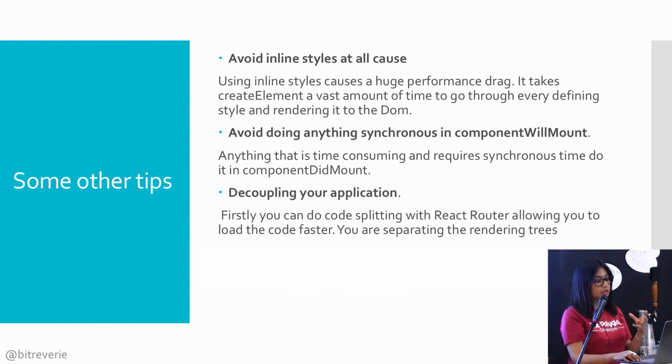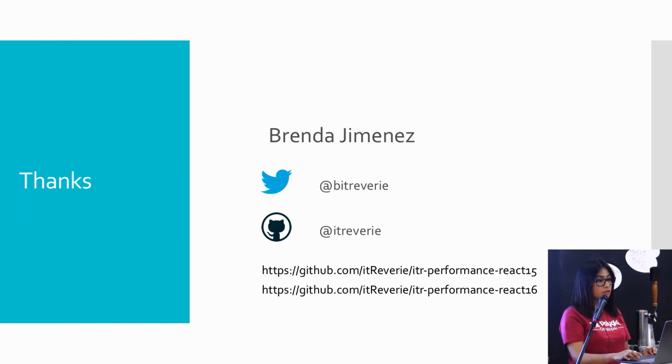If I put it in componentWillMount, it means that I will wait until these coins load, and then I'm going to mount the component. So I better move it to another method, componentDidMount instead of componentWillMount. And also use routing to decouple the application and just load the parts that I really need. You can find this code in my Git repository, and that's it.